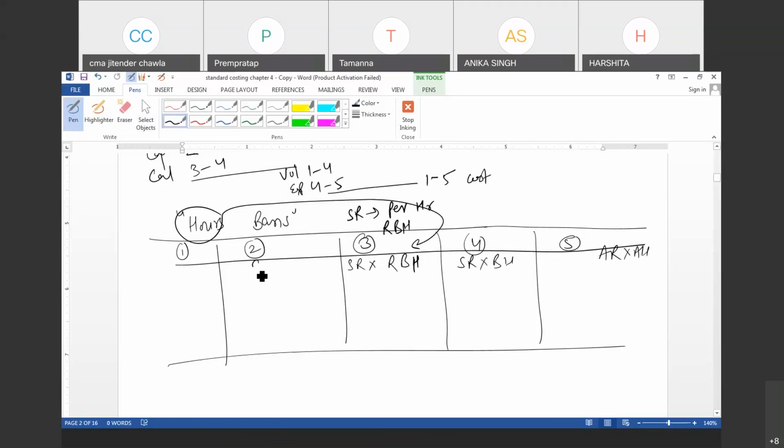So it is SR into AH, not AAQ, and it is SR into SH. Now this is given to me, 31,000. Just check.